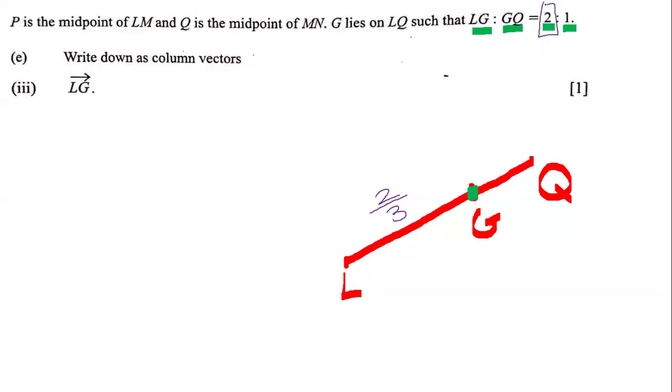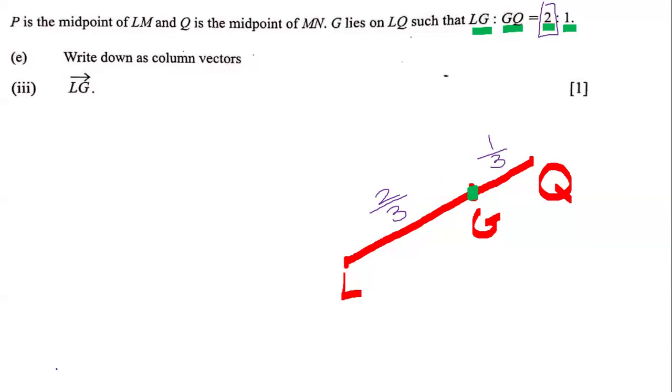The total amount of equal parts is 3. So LG is 2 over 3. And GQ is 1 out of 3. And it makes sense because if we add them together, we get 3 out of 3, which is a whole.